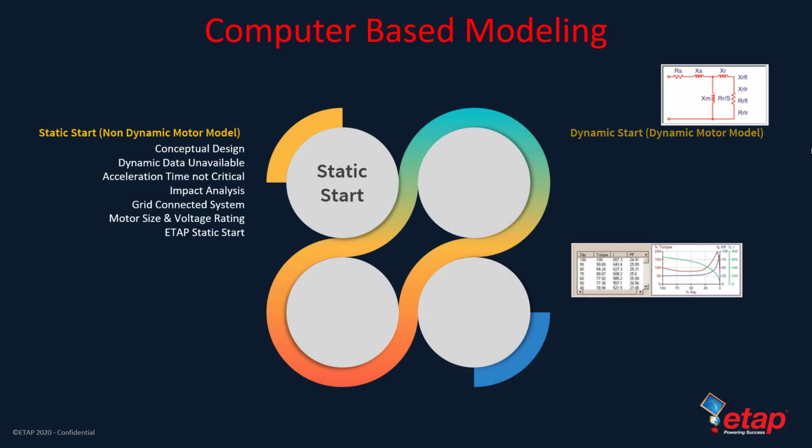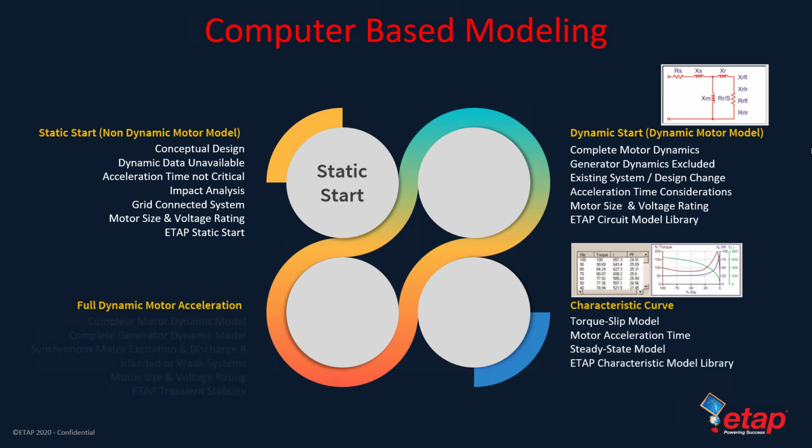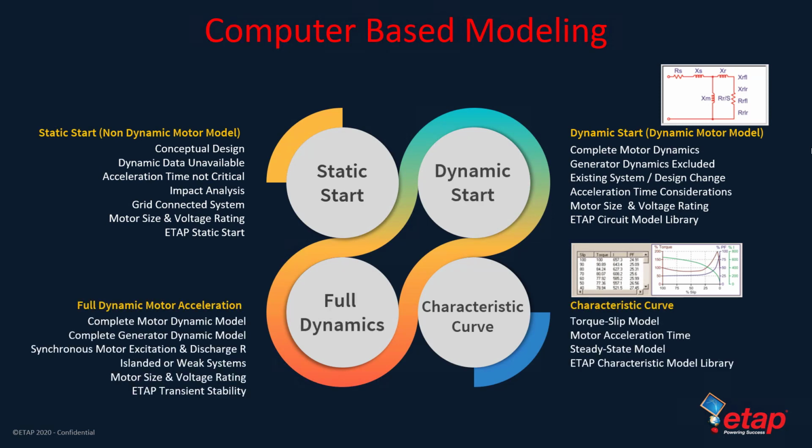Okay, let's talk about computer-based modeling, because it's a big portion of the 3002.7 standard now. So let's begin by going over these 4 items. On the top left, we have the static start that we're going to be covering. And this is essentially an impact motor starting.